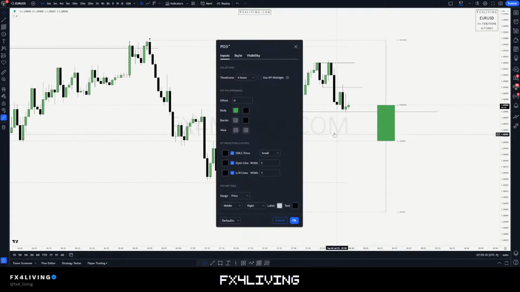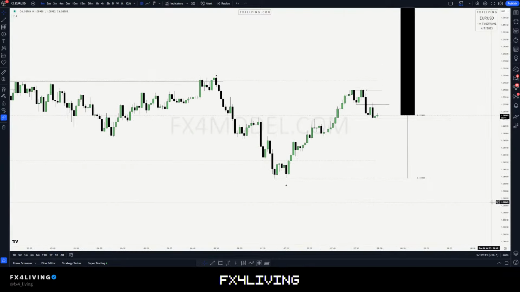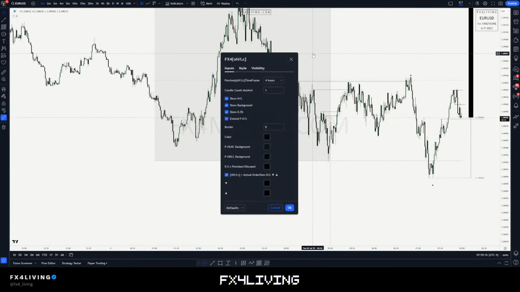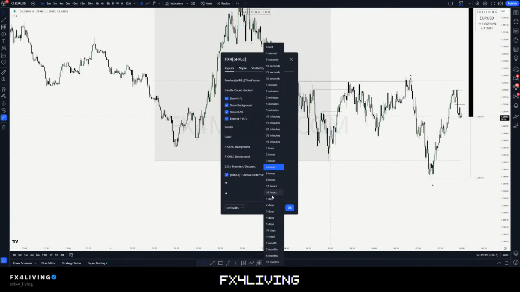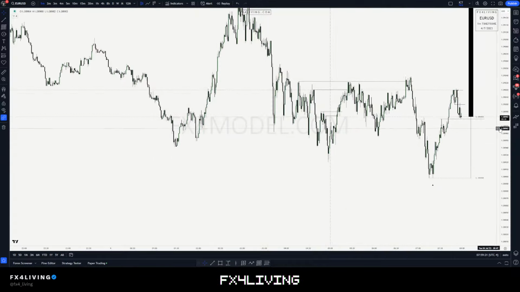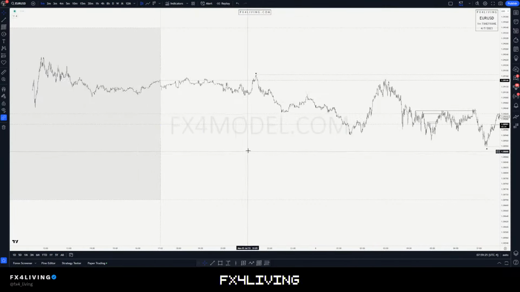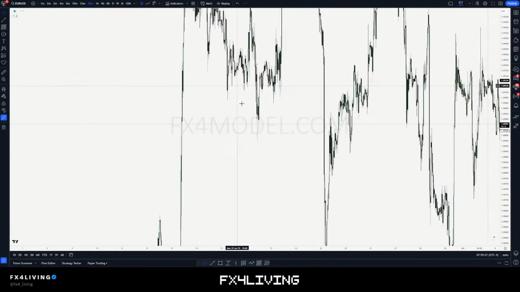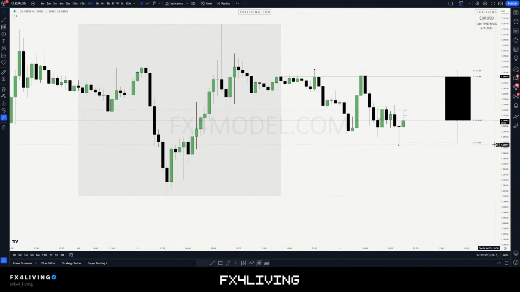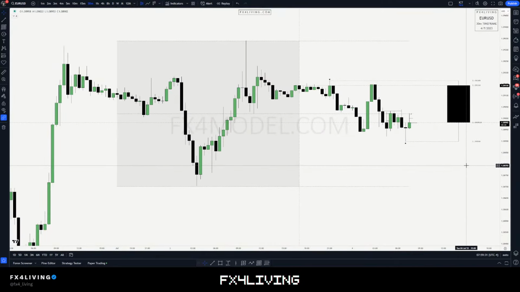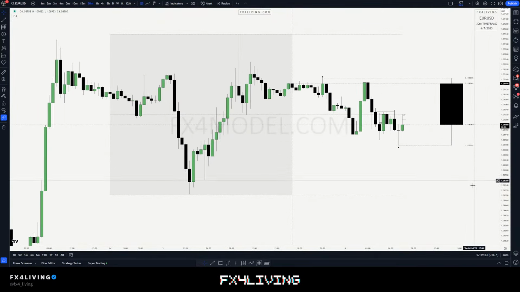On a daily candle, I can put a daily candle here. And I can put the daily candle on this thing as well, so you can see better. So you see, this is scuff, man.